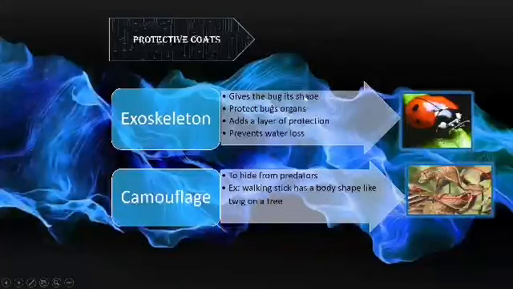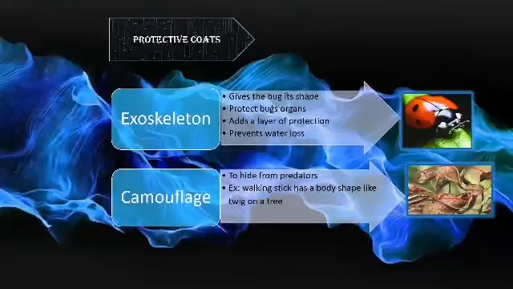For a bug, wearing an exoskeleton is like wearing a suit of armor because the hard cover protects the bug's body organs and adds a layer of protection against the bite of a predator. The adaptive covering also prevents the loss of water when a bug finds itself in a dry environment.